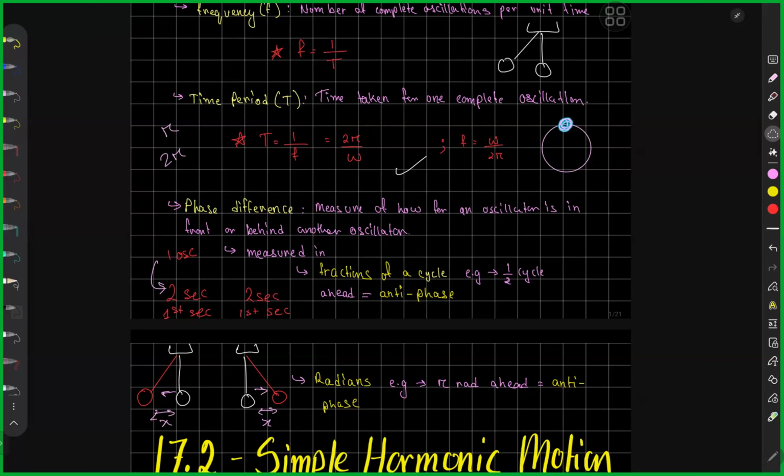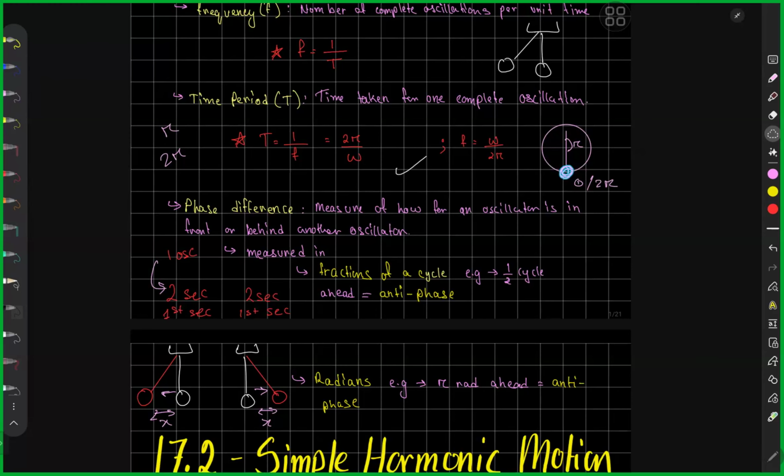Now over here, at this point, the object moves rightward. And what is the angle over here? Pi. And at this position, the angle is 0 or 2 pi, and this bob moves in this direction.